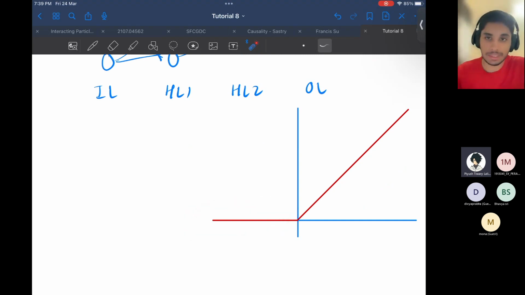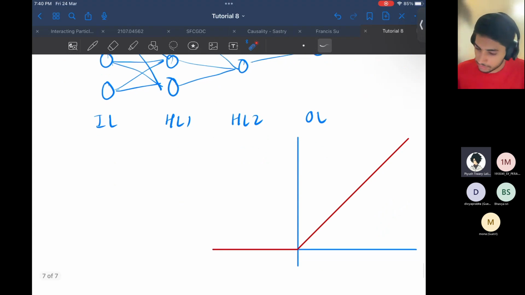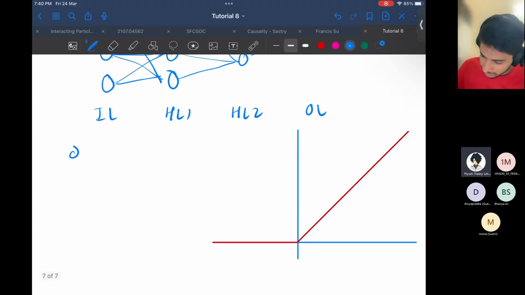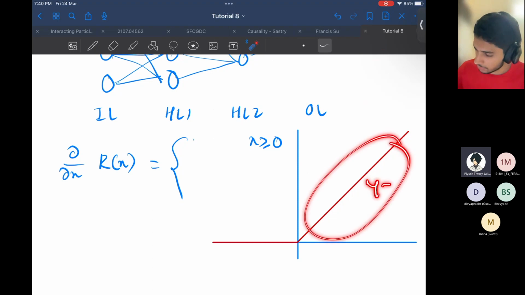So this must have something to do with this observation that you are not able to see any changes in your weights. Okay, so let's write it down. What is the del by del x of the ReLU function? Let's call it r of x. When x is greater than or equal to 0, on this part it is y equal to x, so the derivative of y with respect to x is just 1.